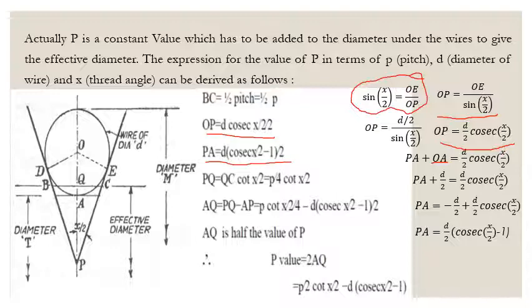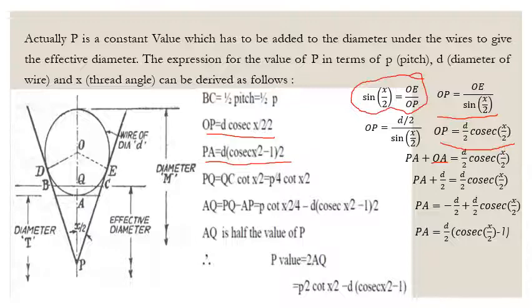So AQ is half of the value of P, because the wire is placed on either side. So P will be equal to 2 times AQ. So multiply the whole expression by 2. Then it will be equal to P by 2 of cot of x by 2 minus d of cosecant of x by 2 minus 1. So that is the expression for capital P.